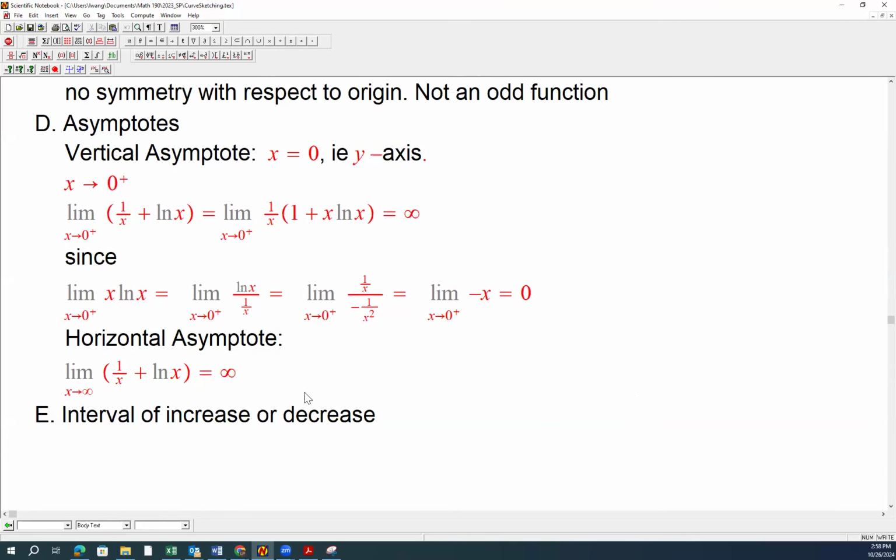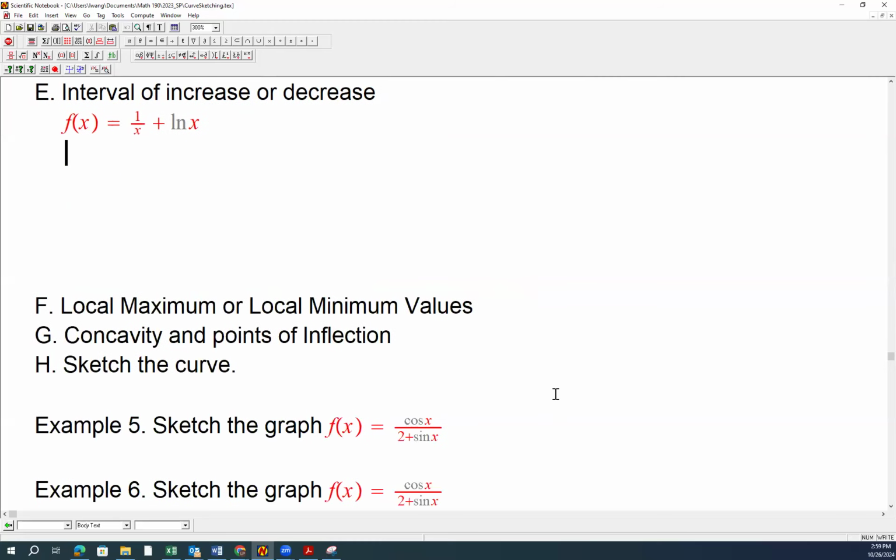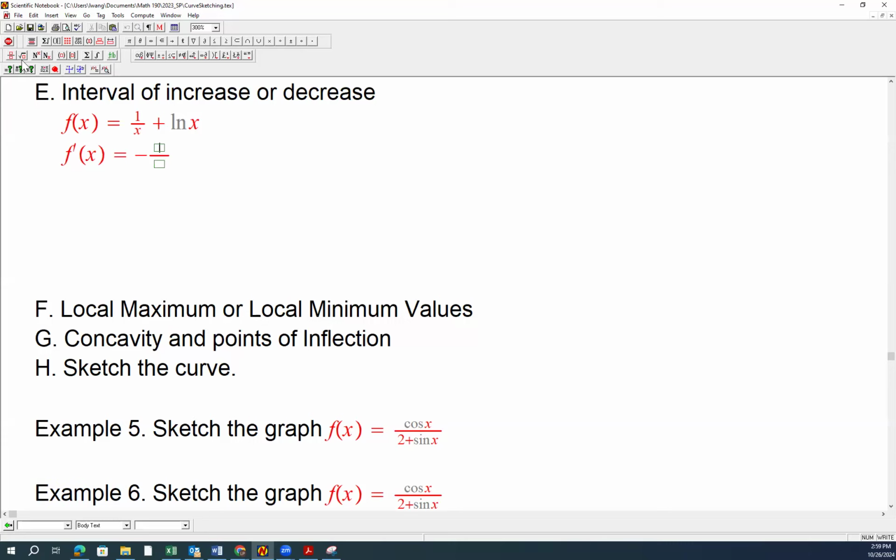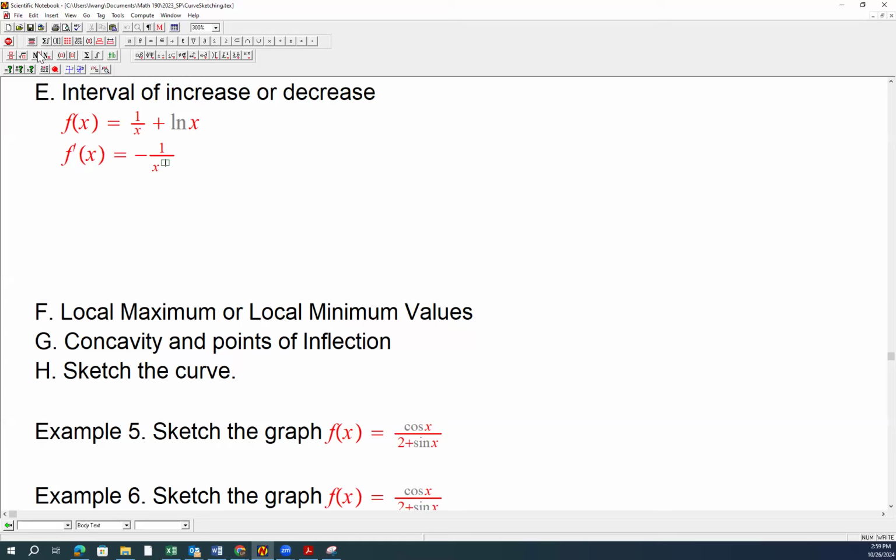And also be mindful that the domain of the function is x greater than 0. So let's take a derivative. The derivative would be negative 1 over x squared plus 1 over x. So we make a common denominator.